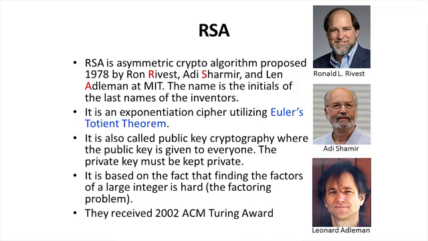It is also called public key cryptography, where the public key is given out to everyone to use and the private key is kept by the creator of the key pair. It is based on the fact that finding factors of a large integer is very difficult, and is called the factoring problem. For their work, they received the prestigious 2002 ACM Turing Award, considered the Nobel Prize of Computer Science.